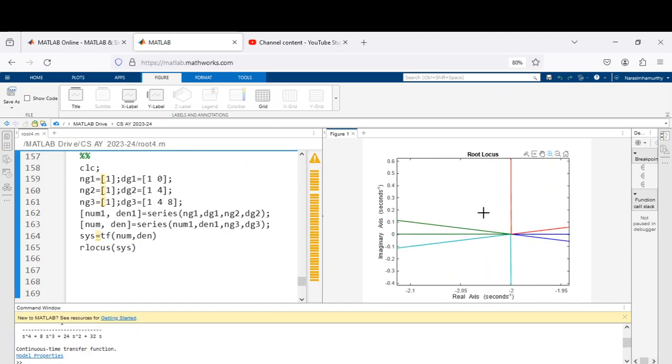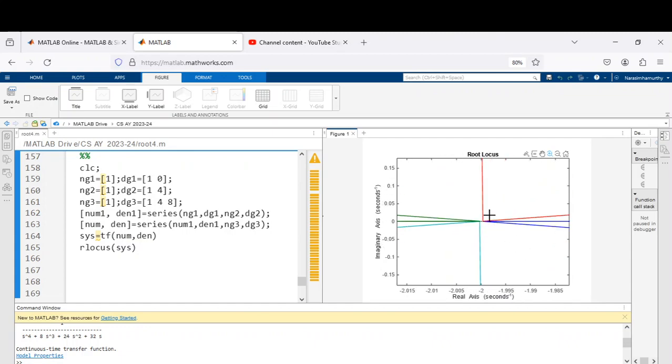See now, this is the breakaway point. The poles will break here, because one is coming at plus 90 degree, the other is coming at minus 90 degree. They break here and all of them are breaking at minus 2.